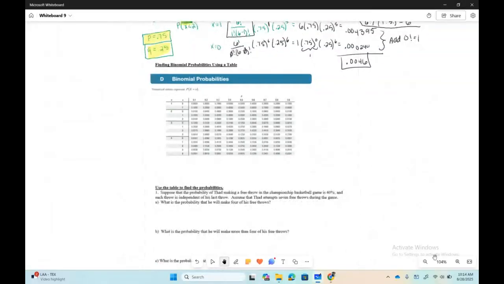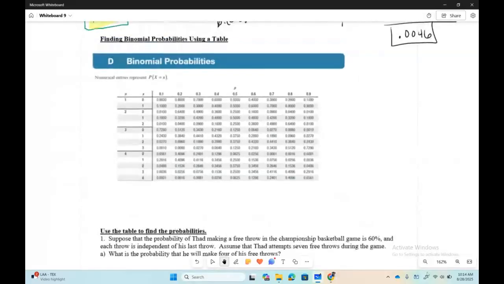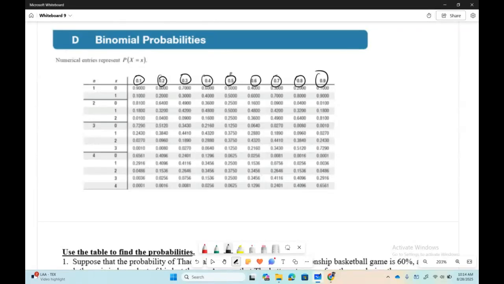Now we have this table up here. If you're given a problem and the probability in the problem is one of these listed, can y'all see that? If this is your p for one of these problems, we can use this big table instead of that formula.